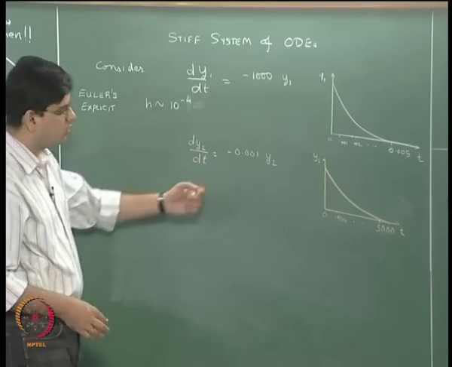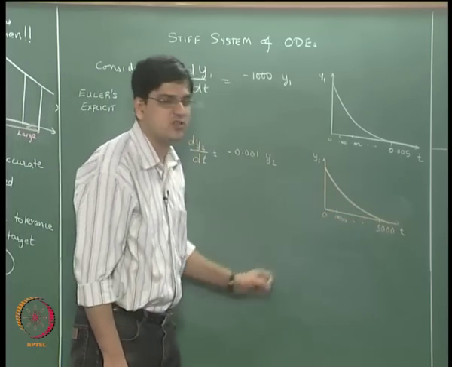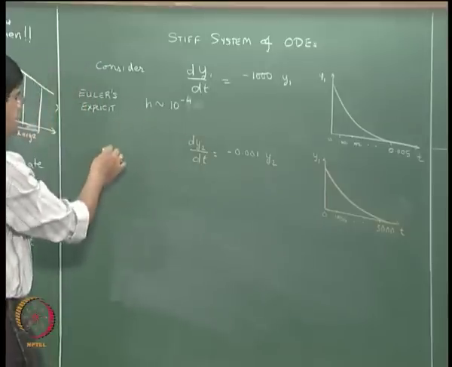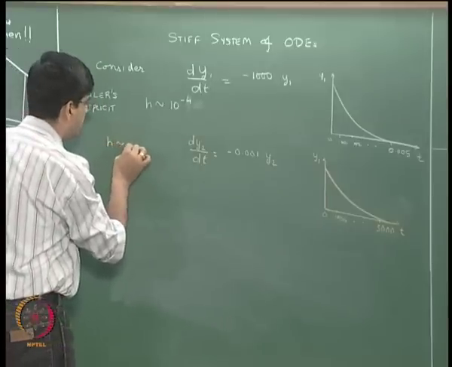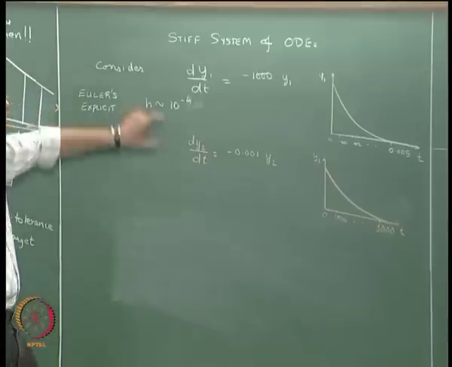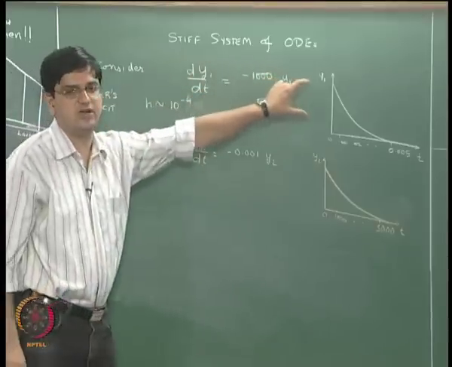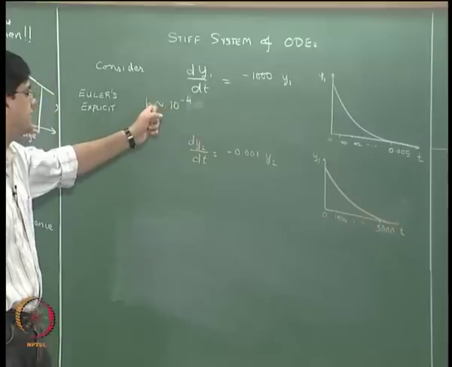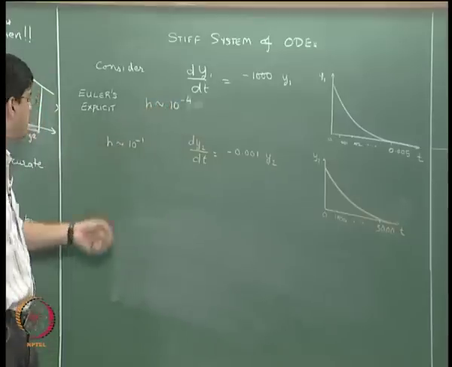Okay. Now we do not want to take so many steps for this method, as a result the h for this system we will take of the order of 10 to the power 2.